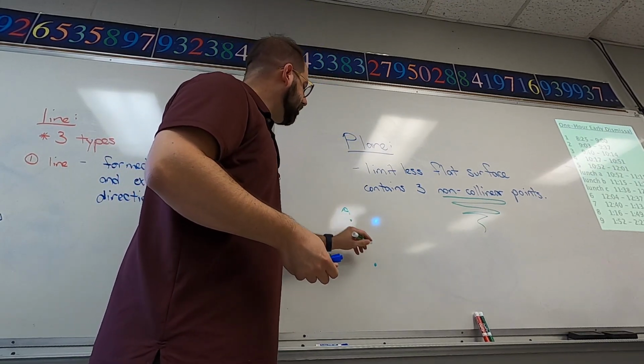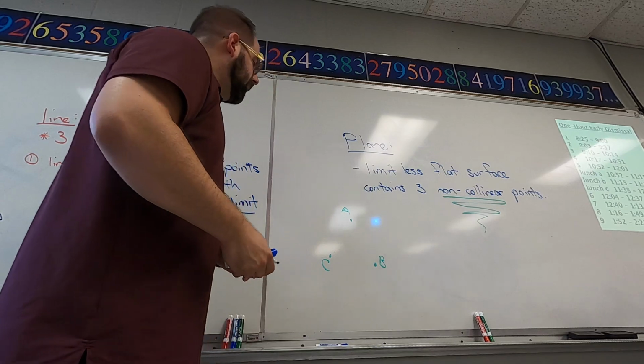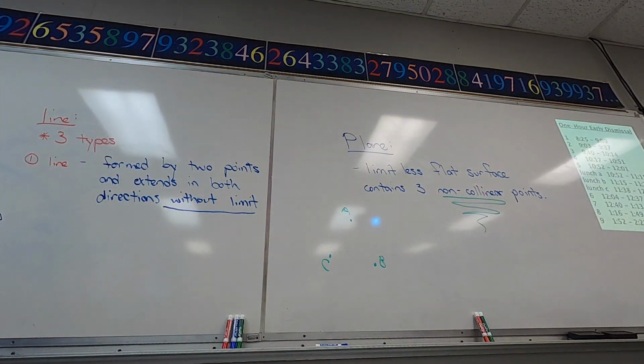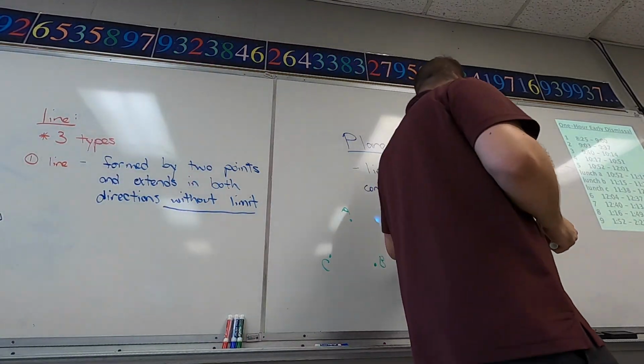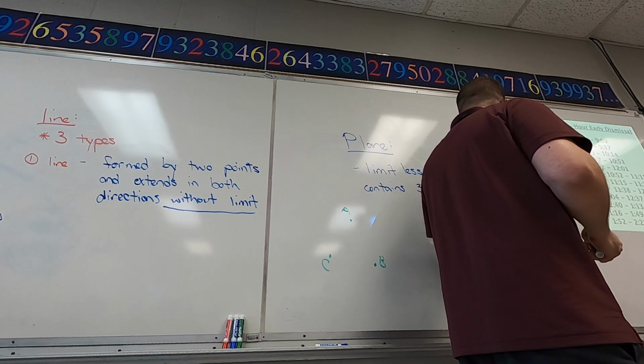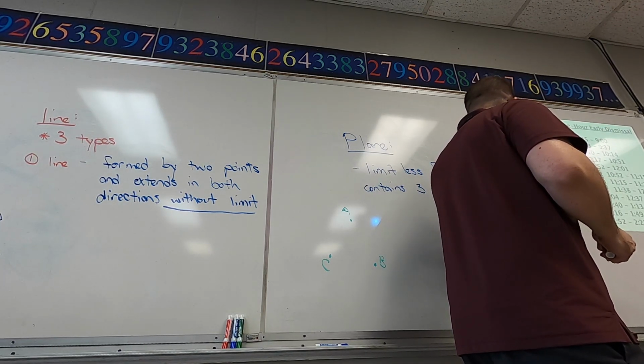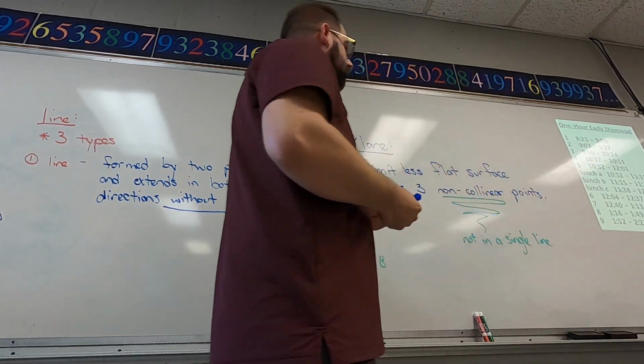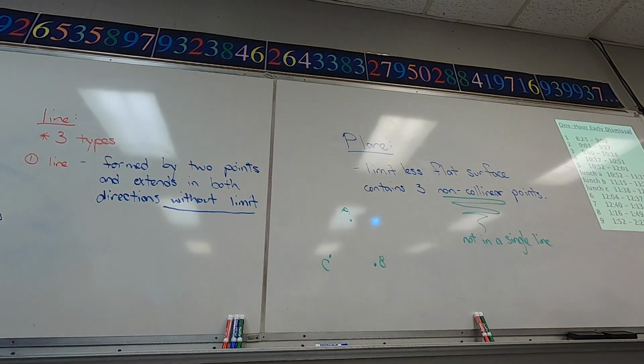So let's call this A, B, and C. 3 dots not in a straight line. That's non-collinear. So again, not in a single line. Collinear is in a straight line, contained on the same line.